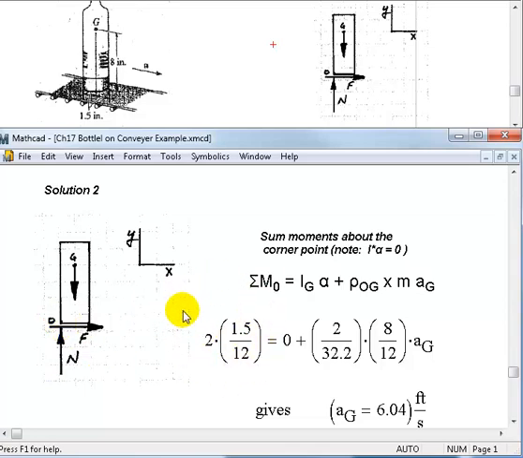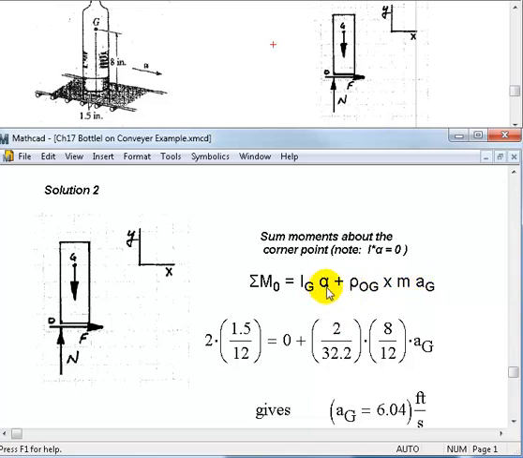Now what we will do is deal with the kinetic moments, as the author has called them. The kinetic moments for this one would be the I alpha term and the moment of the acceleration of the center of gravity term.